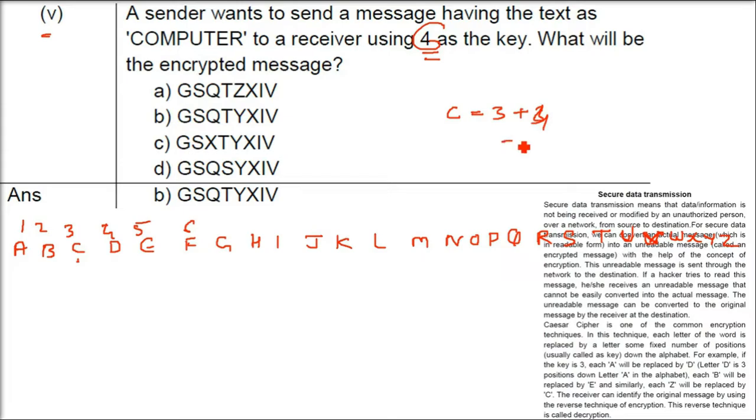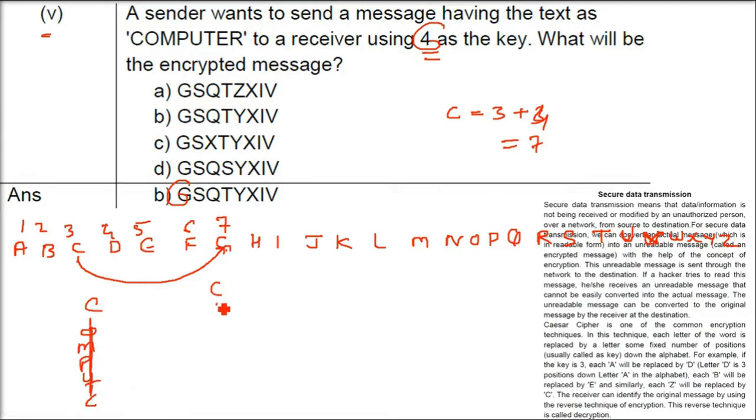Now you add 4 here, so it will be 7. What is at the 7th position? G. So C will be converted into G when it is encrypted. Now all the others have to be done like this. It's very important to learn it here. So C will be changed to G. Now computer, let me write it here.